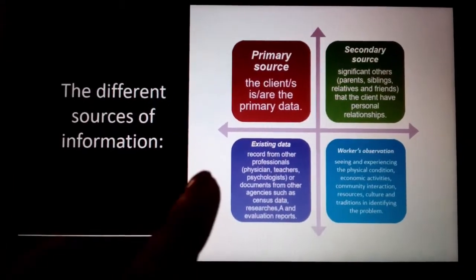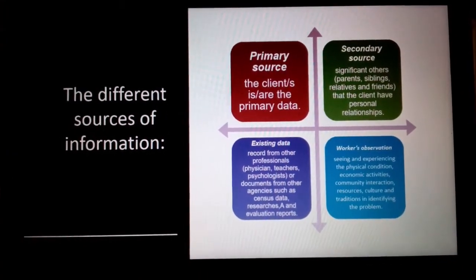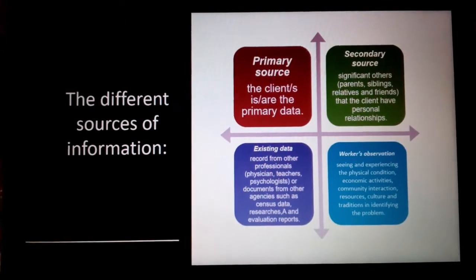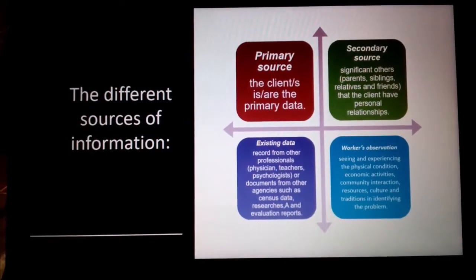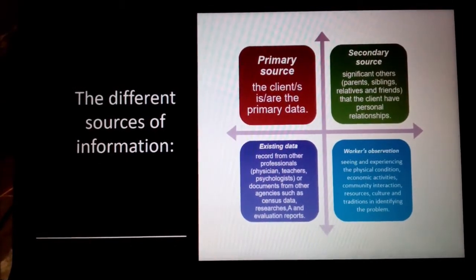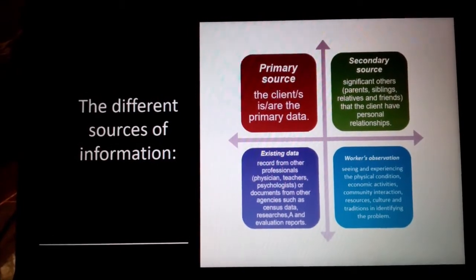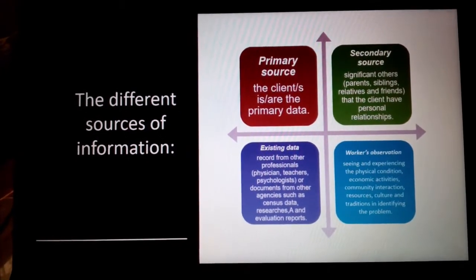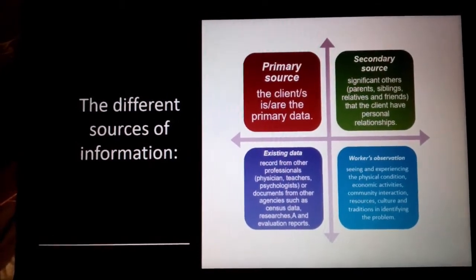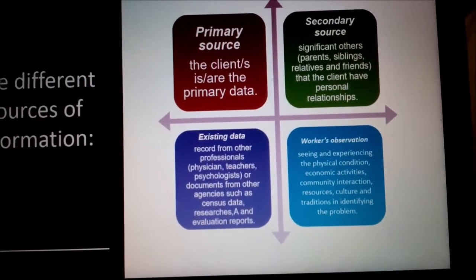The third one, we have existing data. Existing data means the records from other professionals about the client such as physicians, teachers, and psychologists. These are the documents or records based on agencies such as census data, researches, and evaluation reports regarding the client's condition in the community. And the last one is the worker's observation.